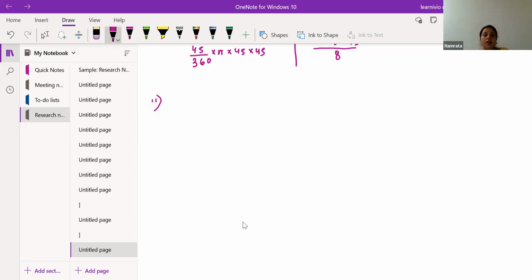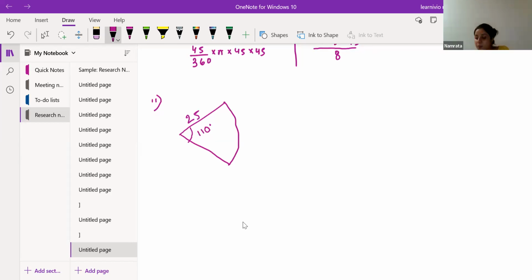Find the total area. Again, it will make a sector. If the length of the blade is 25 and the angle is 115 degree, then you have to find how much area it is covering. That means the area of the sector.